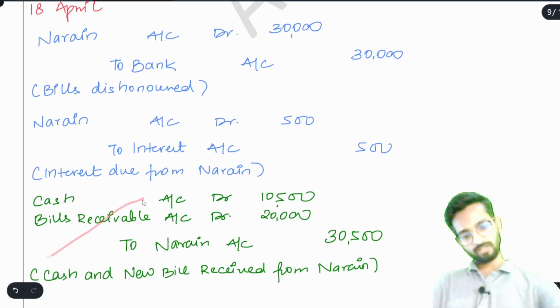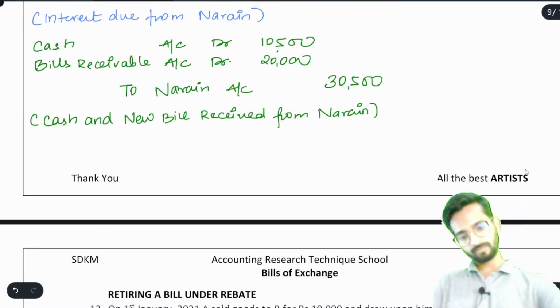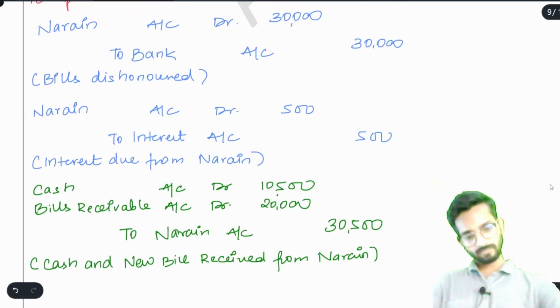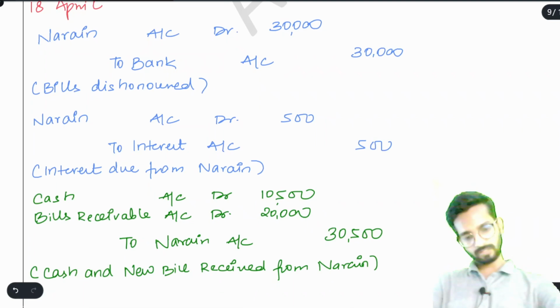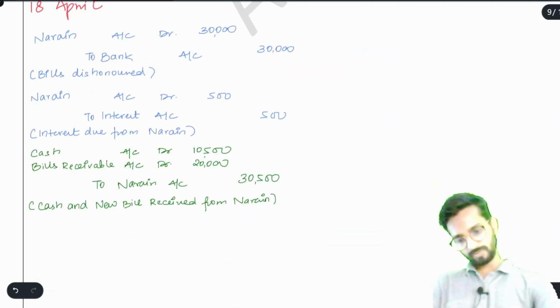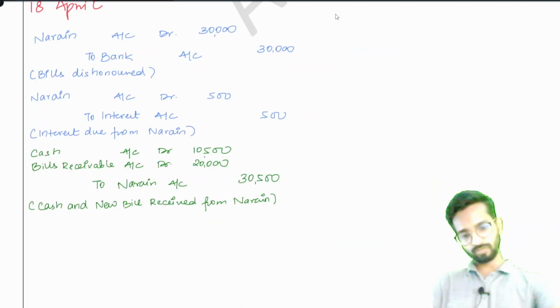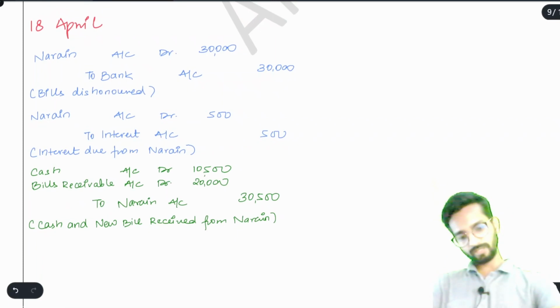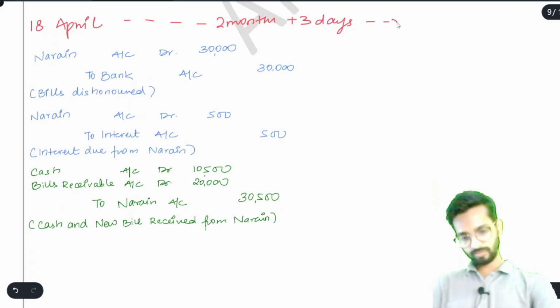Now when will the bill become due after 2 months? After 2 months means 18th May, 18th June, and then 3 days of grace, so 21st June.